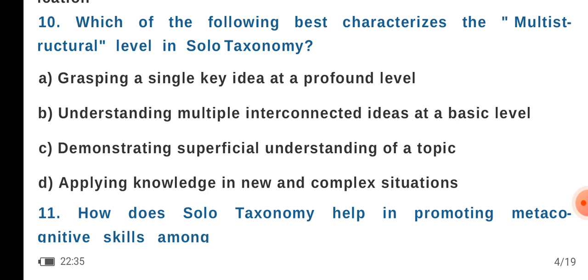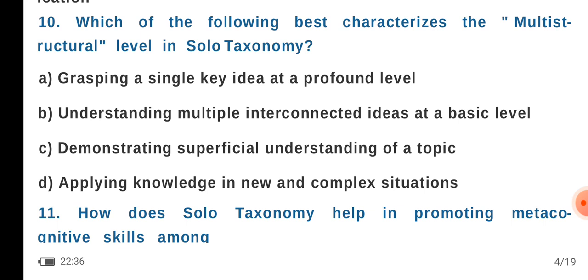Okay, number 10. Which of the following best characterizes the multi-structural level in SOLO taxonomy?